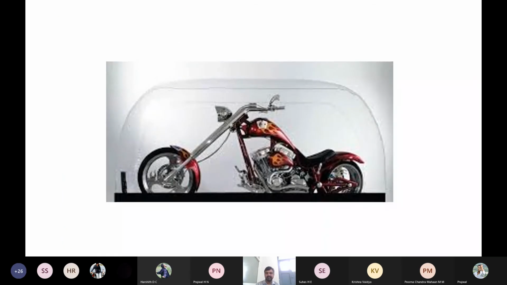One example: it is a cover, a protective layer, and the bike will be parked inside this. Or in some designs bubble wood will be part of the bike, that means there will be a protective layer added to the body of the bike. That can also be considered as bubble wood.